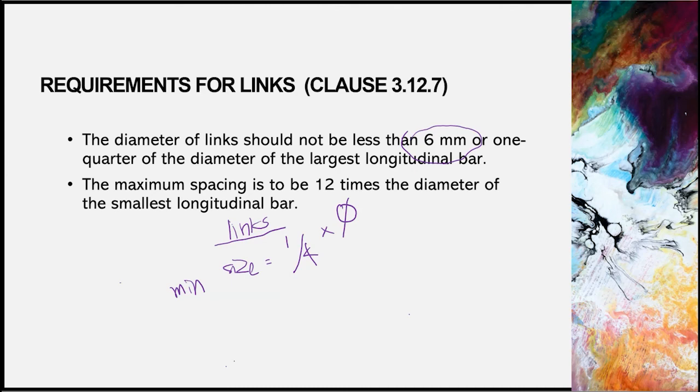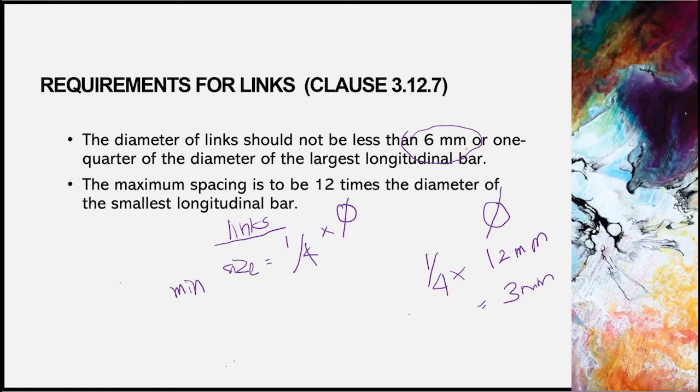Maksudnya kalau katakan diameter you contohnya 12 mm. Okay, diameter of longitudinal bar ni, main bar 12 mm. So you kira 1/4 darab 12 mm, so you dapat 3 mm. Okay, tapi it state here that 6 mm ni adalah minimum.